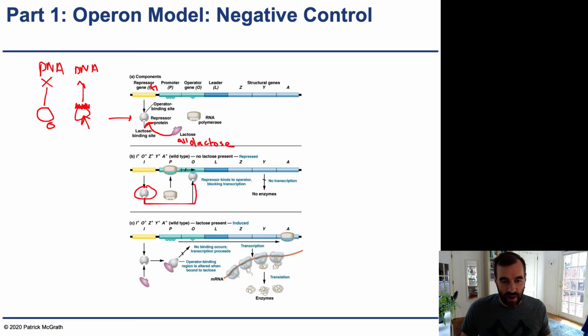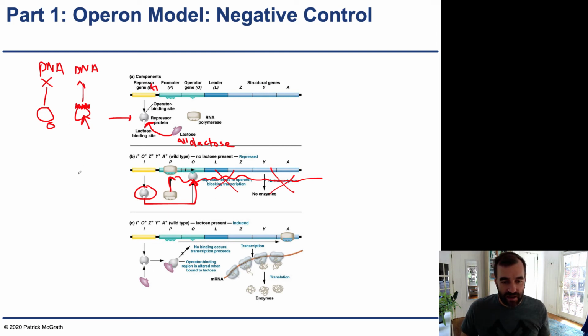Where it binds is a region upstream of the promoter called the operator region. So there's a DNA binding site for this. And the action of this repressor binding to this region prevents the polymerase from being able to initiate transcription. So you have no transcription in this case, and so that's why the operon is turned off.